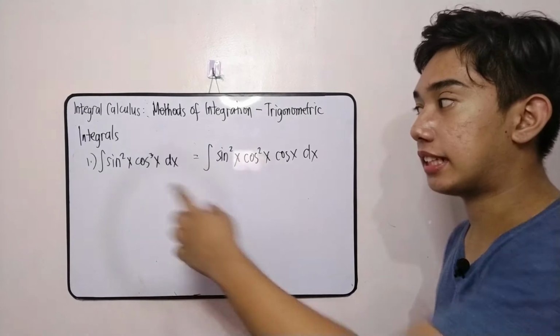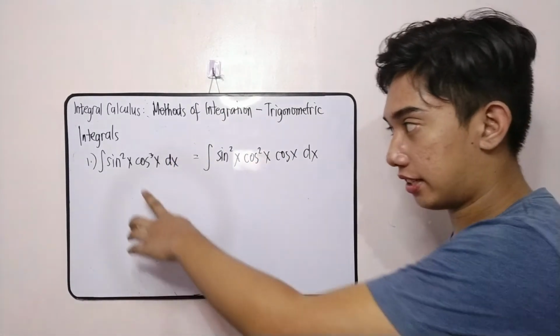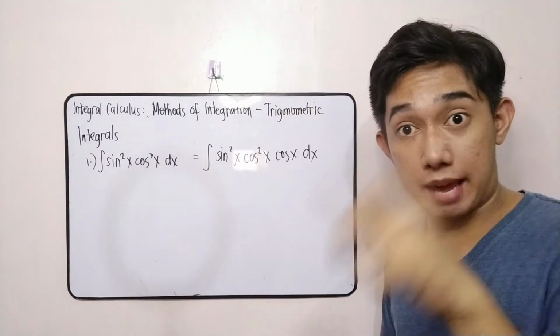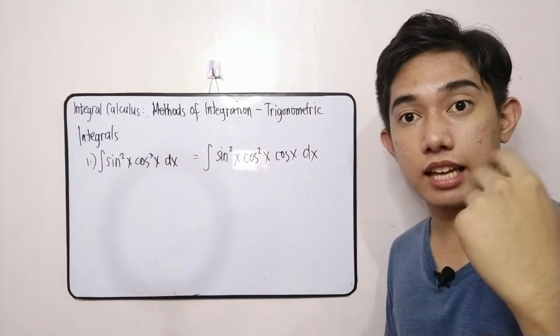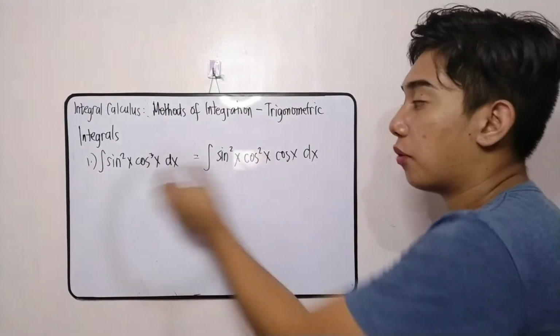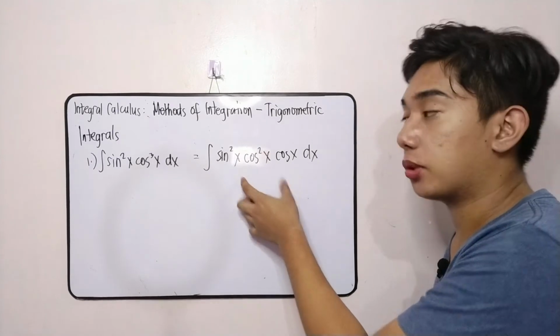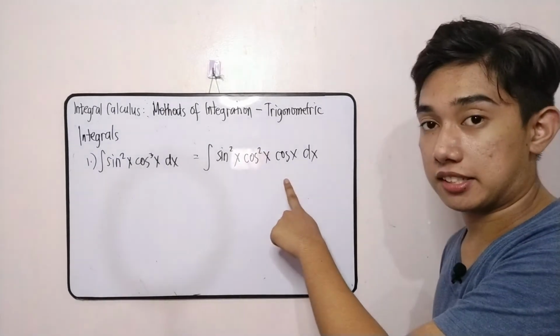Notice that this involves our first case, where either m or n is an odd positive integer, which we see here. So what we did is factor out cosine cubed x into cosine squared x and cosine x dx.